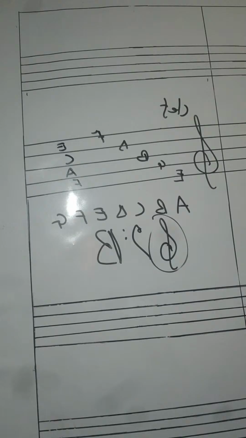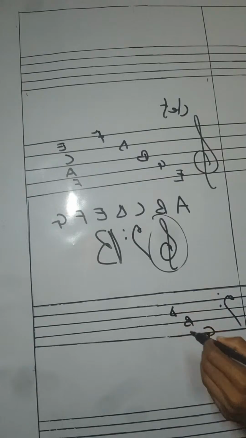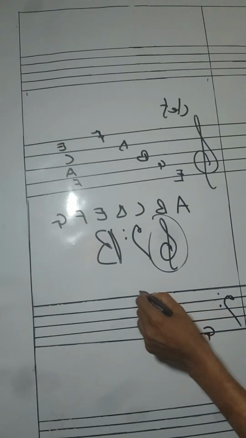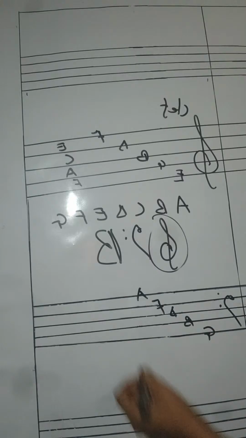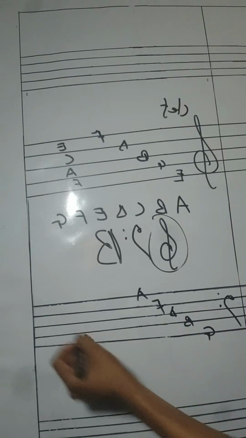With this, we went further to the bass clef, where we also listed the names of the lines and spaces. We said the first line of the bass clef is your G, the second line is your B, the third line is your D, the fourth line is your F, and the fifth line your A. From here we were able to identify the spaces: between G and B your A is missing, so A is in the first space.